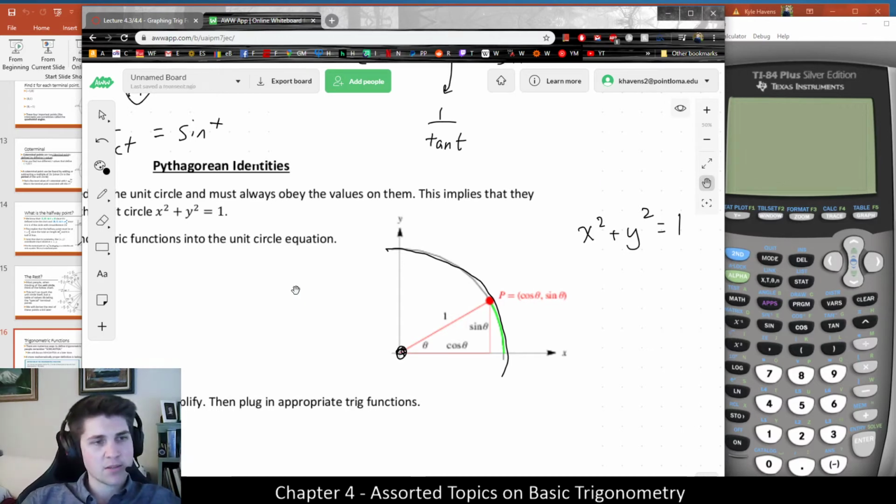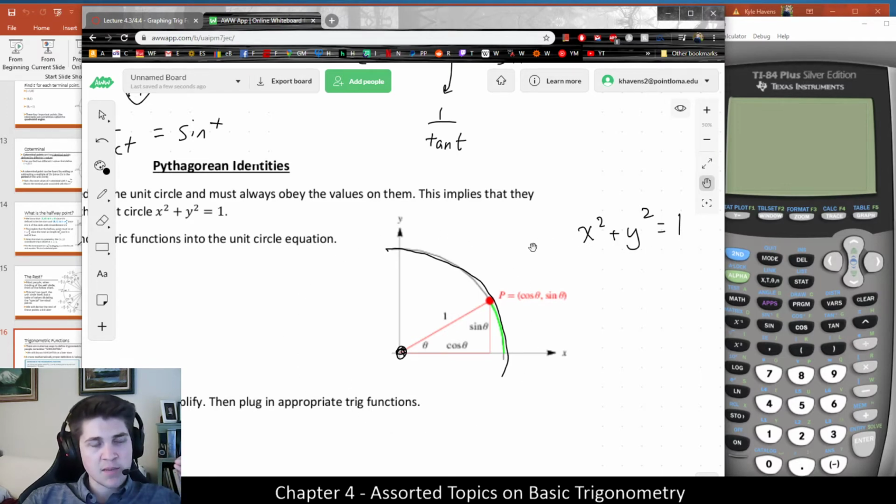It must have that equation. That being said, all of the trigonometric functions are always bound to this fundamental formula, because each part of the trigonometric function always must line up on the circle.